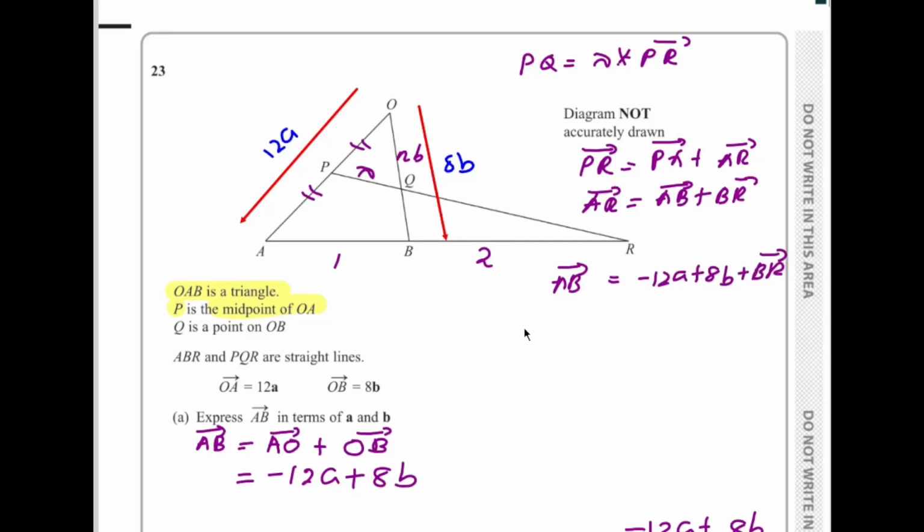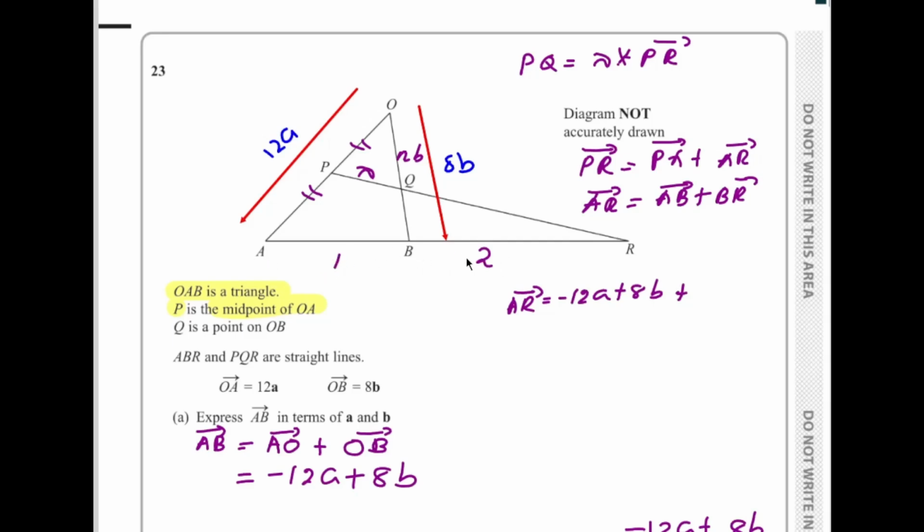Let's straight away write what AR is. AR equals AB, which we know is minus 12a plus 8b, plus BR. We've been given that BR is 2 times AB, since this is 1 to 2.